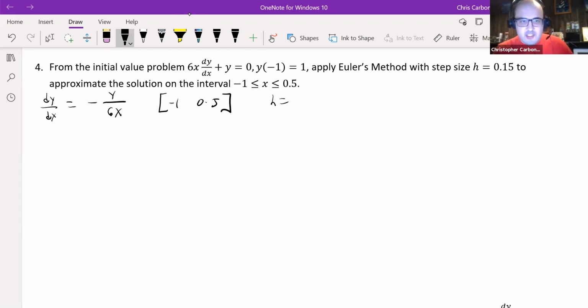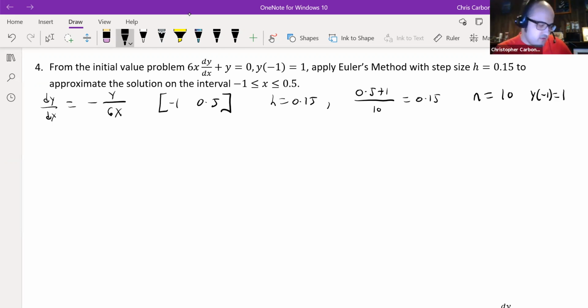This uses an h of 0.15, which means we would solve 0.5 plus 1 divided by 10 would give us the value of 0.15, which means we need to use a value of n as 10. And additionally, we see from our initial condition that y of -1 has to be equal to 1.